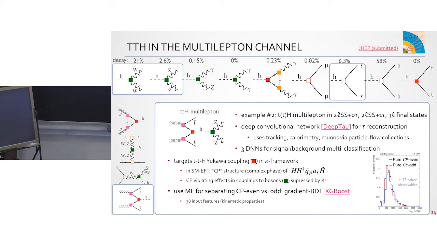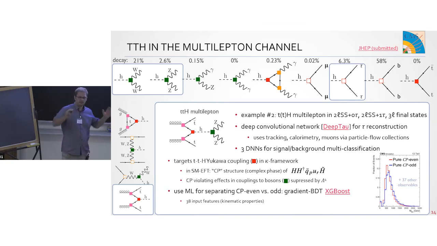Are you using these CP odd combinations of all the momenta? Here, for example, one of the discriminating ones is the invariant mass of the full reconstructed TTH system. That's essentially just the scale of the whole event. If you look at the paper, they really cover everything that you can reasonably cover without going to the individual particle level.